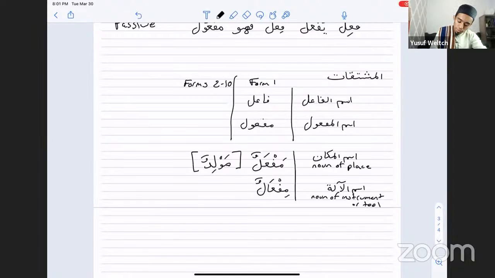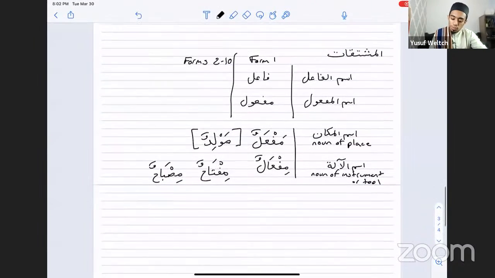For instance, the miftah is a key because it's the tool by which you do fataha. Misbah comes from the word subuh, which means light, usually used for the early morning light. Misbah is a lamp, a tool by which you get light, and so forth.